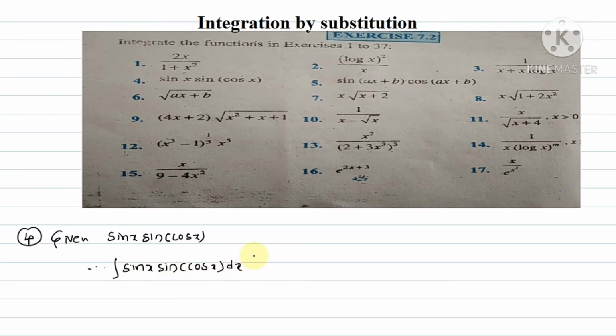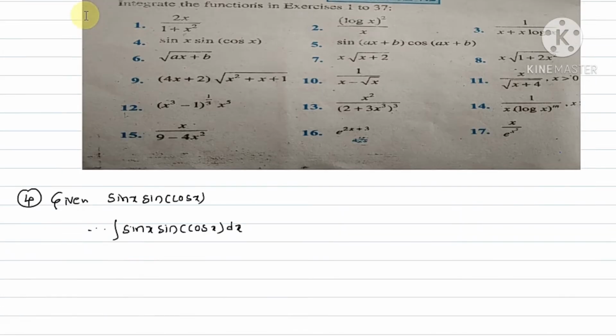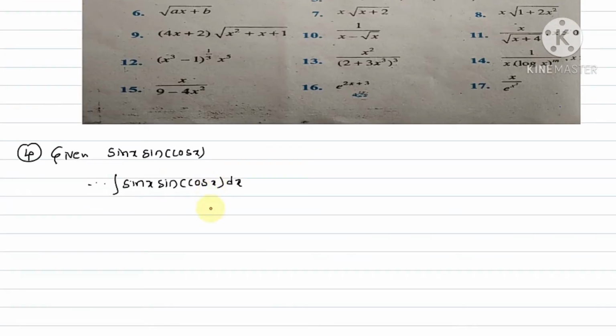I told you that all these are substitution problems. My substitution is: let cos x be equal to t. The derivative of cos x is minus sin x dx equal to dt.